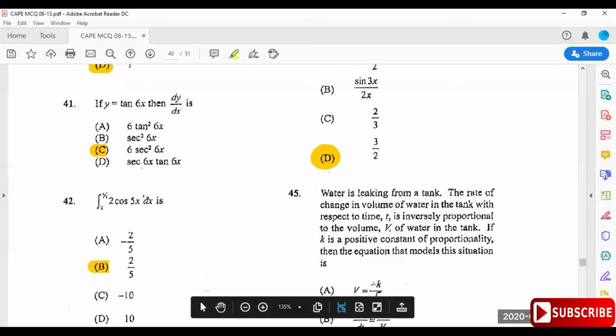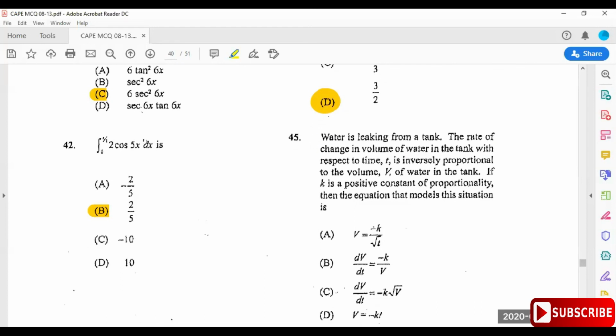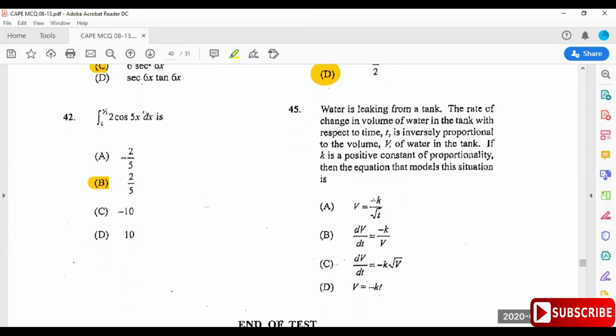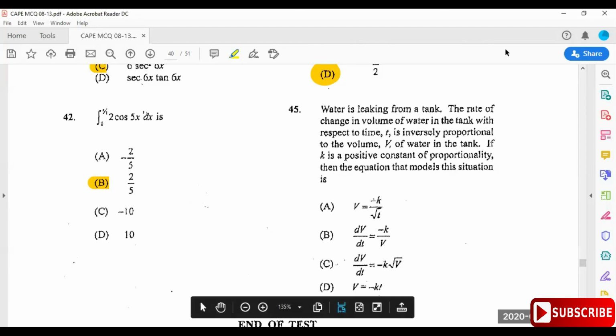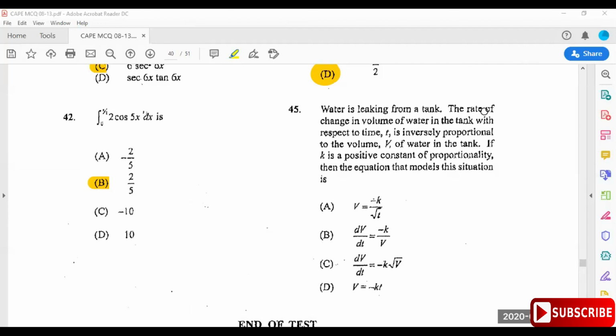Now this question says water is leaking from a tank. So the water is decreasing, and so the volume is decreasing. The rate of change of volume in the tank with respect to t is inversely proportional to its volume.